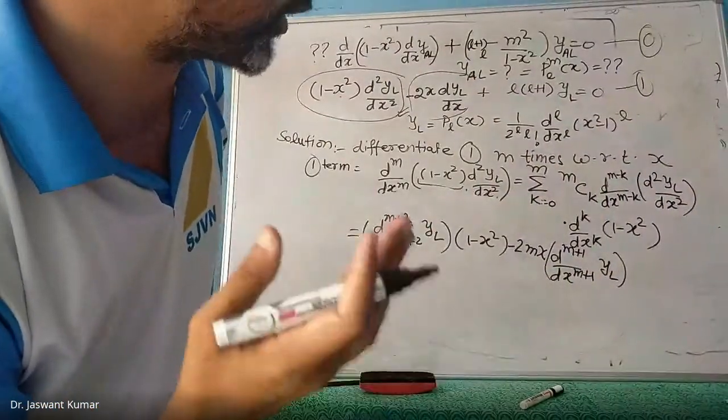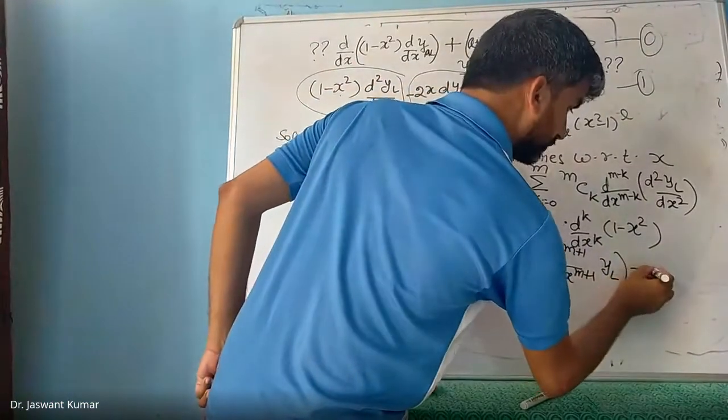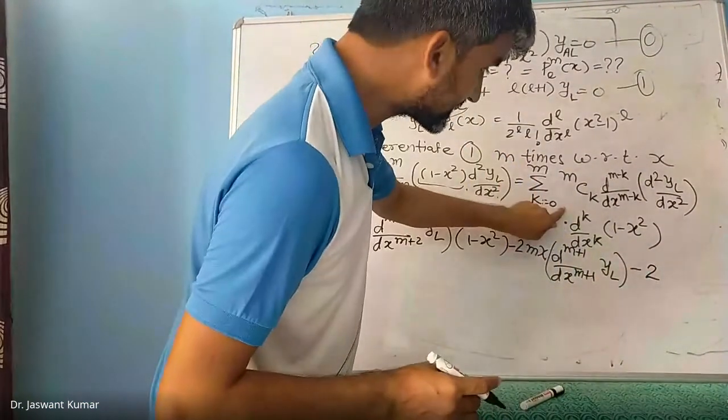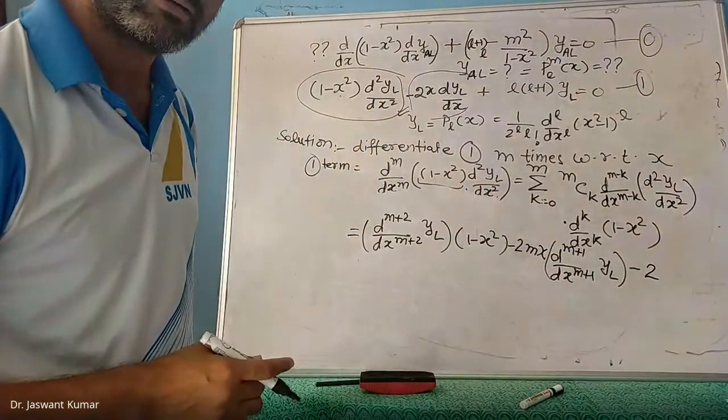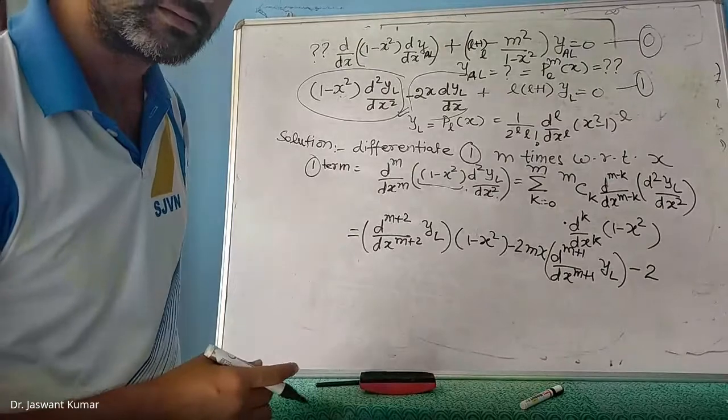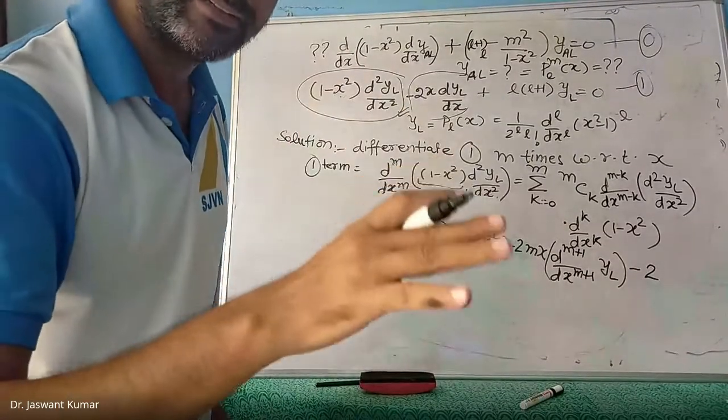This minus 2 has come because of d2/dx2 of (1 minus x square). Happy everyone?